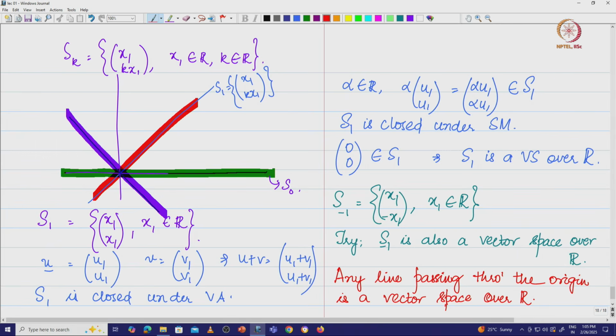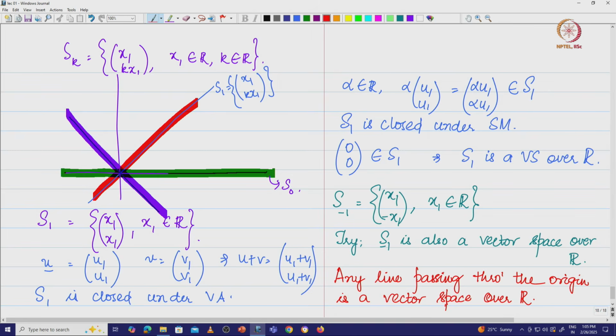But what is interesting is the moment you take any line passing through the origin, this line does not contain all the points in R2. We already started saying that I want to only consider the subset of points from R2.